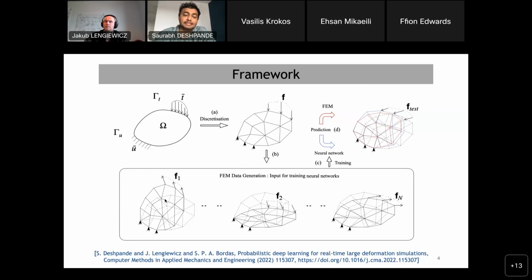And these pre-computed solutions are then given as an input to train different types of neural networks. We'll see what type of networks we use later. And now this pre-trained network is then used to make a prediction on an unseen case, which was not part of this training region. So that is more or less the idea behind the framework.